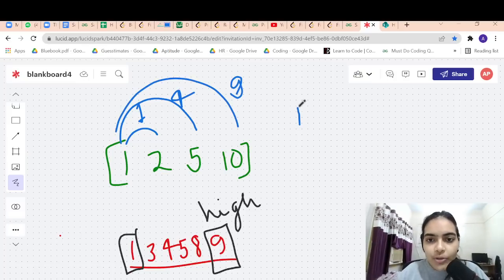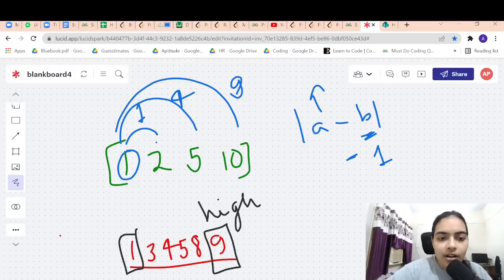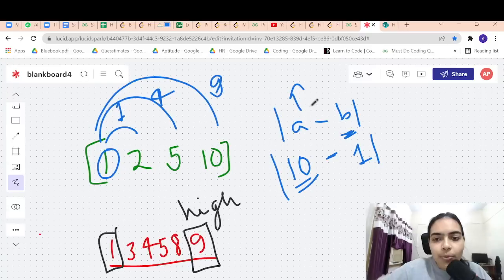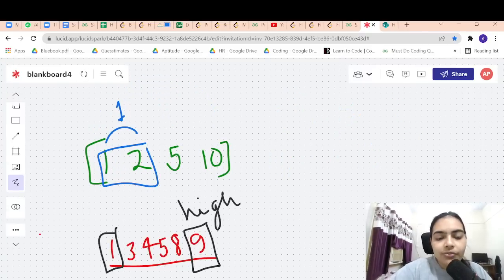So the difference keeps on increasing, because if you are keeping B fixed, let's say B is 1, and you increase A, if it is sorted, first time your A is 2, next time your A is increased to 5, next time to 10. So if you keep on increasing A, obviously this number is going to increase. So you will get the minimum only with the first possible pair.